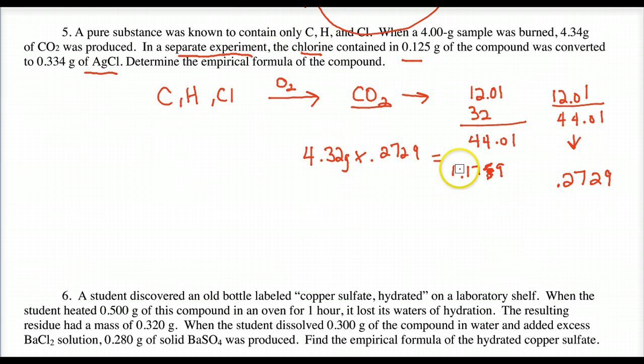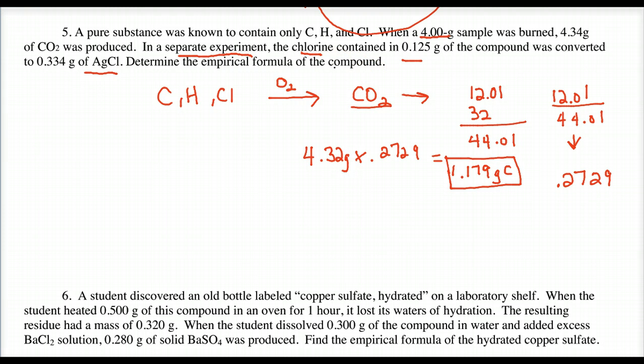Let's keep that nice and clean as much as I can. So 1.179 grams of carbon. That's an important number. That's from a 4-gram sample. So 1.179 grams of that 4-gram sample is my carbon.